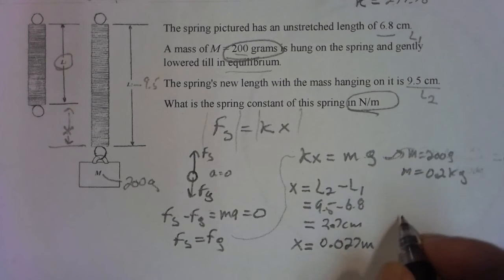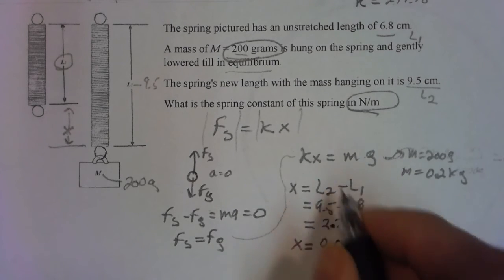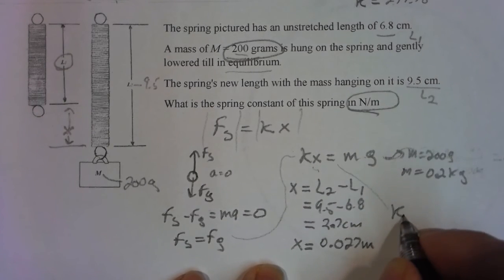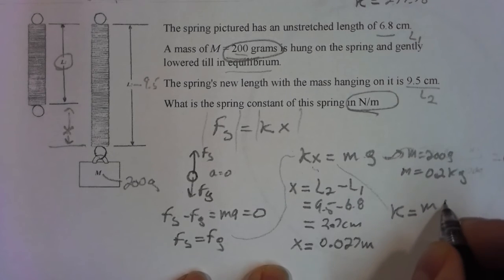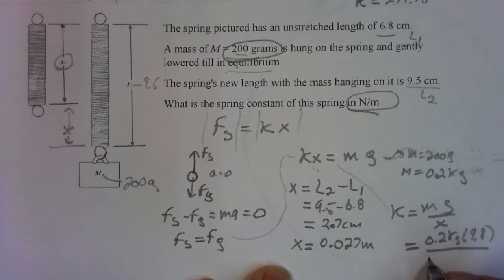So we now can figure all this out. We can find k, solve for k here. K is going to be mg over x. So I've got 0.2 kilograms times 9.8 for g divided by 0.027 meters for x.